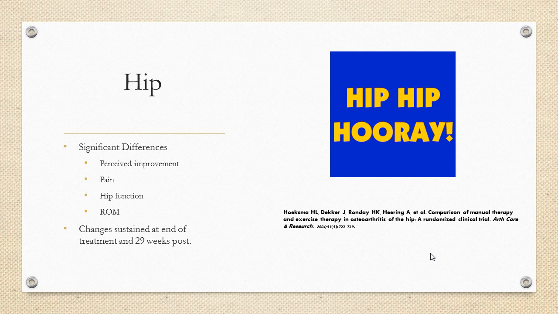Measurements were performed at baseline, after the 5-week treatment period, 3 months, and again at 6 months post-op. Patients were treated 2 times a week for a total of 9 sessions over a 5-week period. The manual therapy group included manual stretching, traction of the hip, and traction manipulation of the hip, as well as interventions to the lumbar spine as needed.